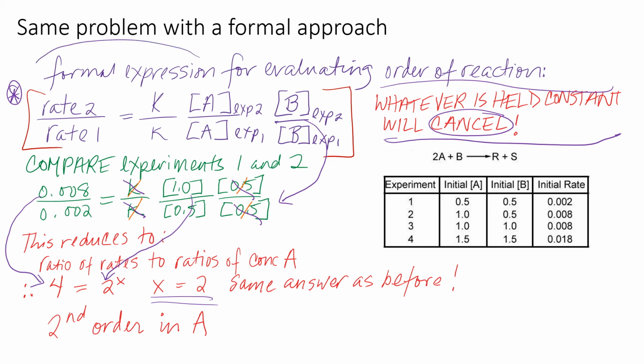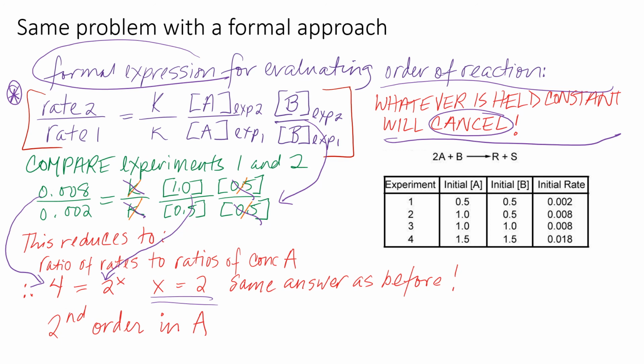So don't let a formal expression like this throw you. And you might ask yourself, well, why do we even need this? The truth is while we tend to present you problems in chemistry that are very neat and tidy, 2 to the second power equals 4, it's not always so neat and tidy when you get in the lab.